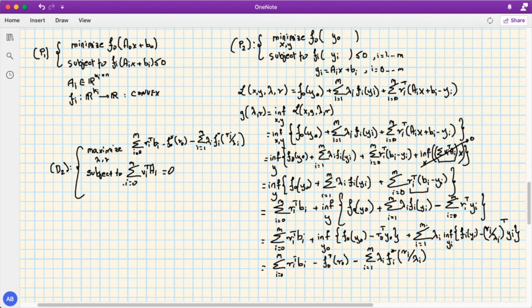Of course, I've got an additional constraint, that lambda is entry-wise positive. We always do that when we've got inequality constraints. The Lagrange multipliers attached to the inequality constraints are subject to be positive.